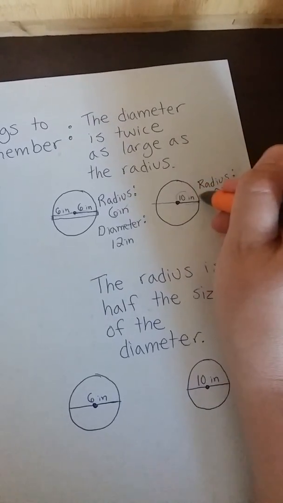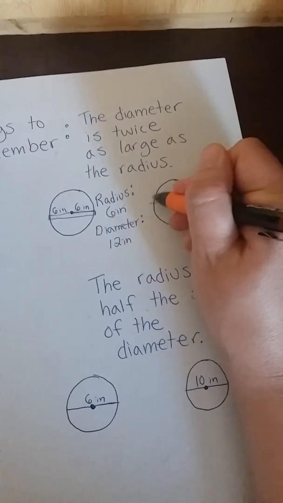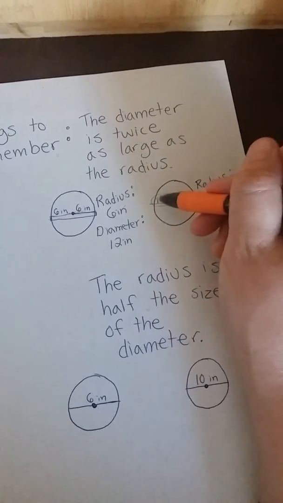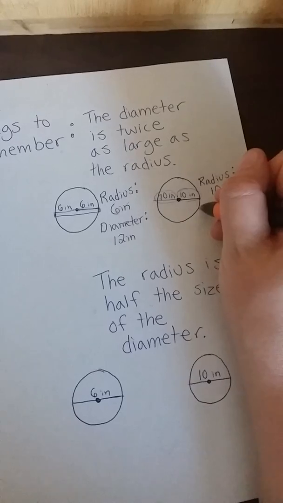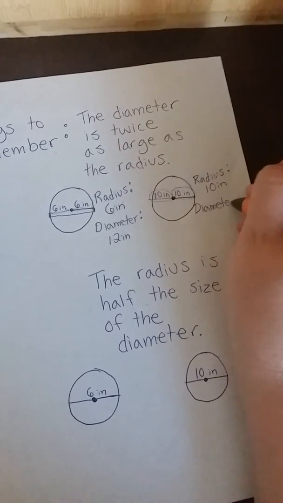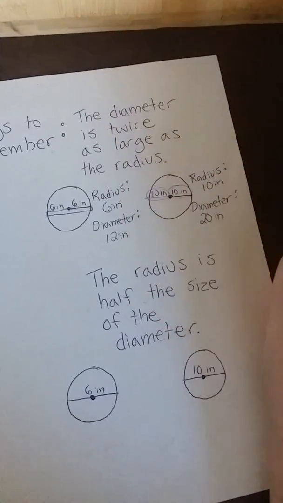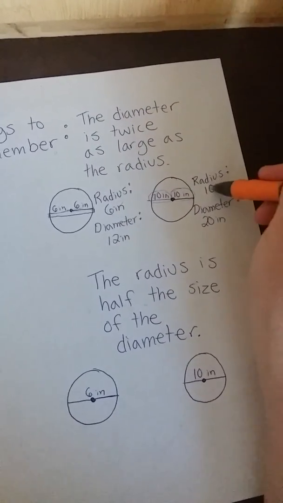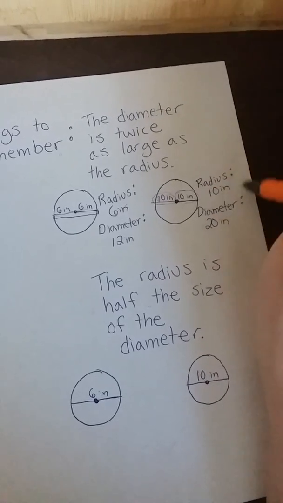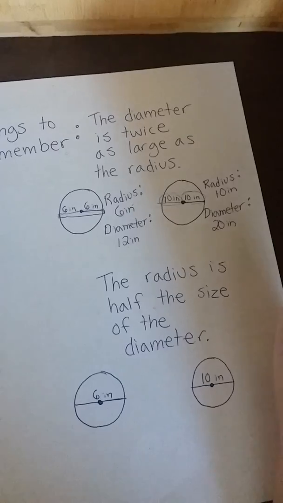So if this part is 10 inches, this part would also be 10 inches, the other half. And then together, 10 and 10 would give us 20. So our diameter of this circle would be 20 inches. Or you could just say the diameter is always twice the radius. So if the radius is 10, the diameter would be 10 times 2, which is 20.